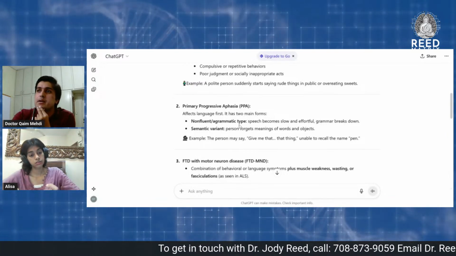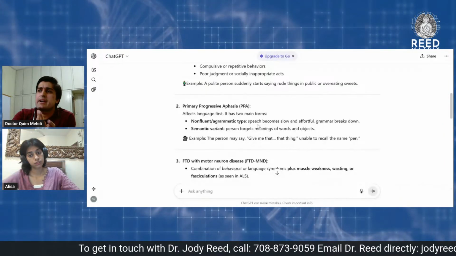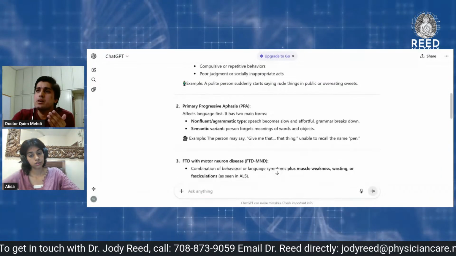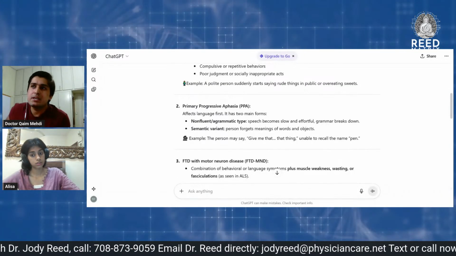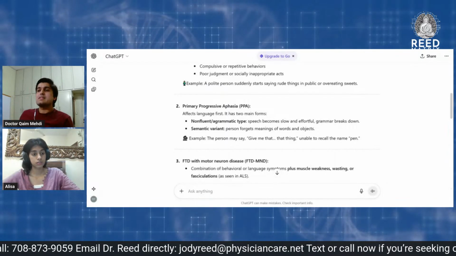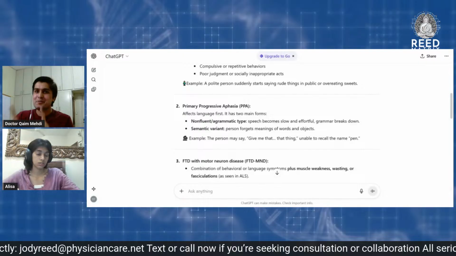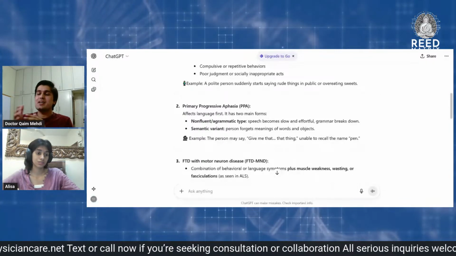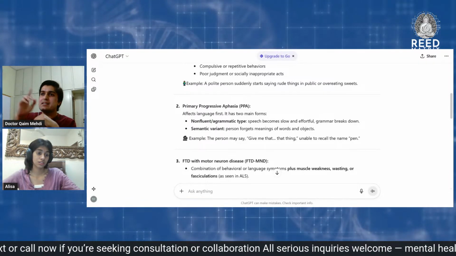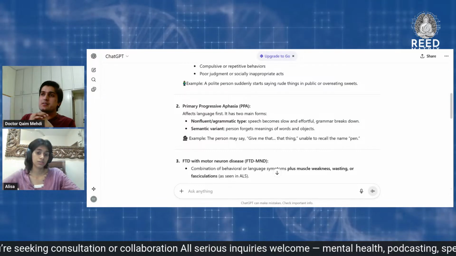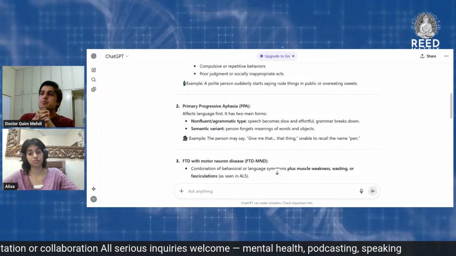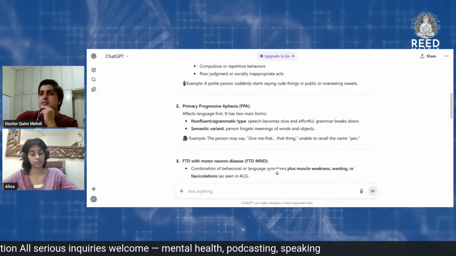Non-fluent agrammatic type, where speech becomes slow and effortful, grammar breaks down, and you cannot speak fluently. There can be reasons like you don't know the language well enough, but if it is your mother language and you are not speaking fluently, then frontotemporal dementia might be the culprit behind it.